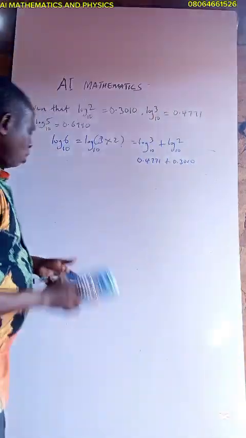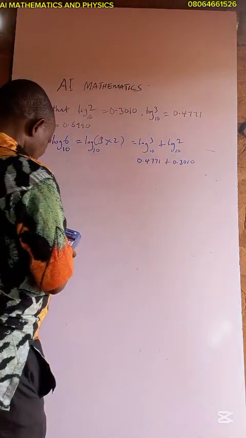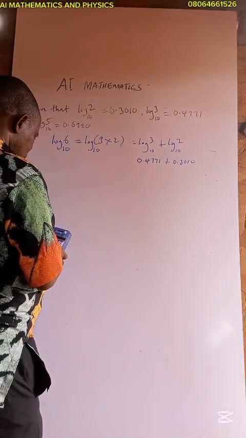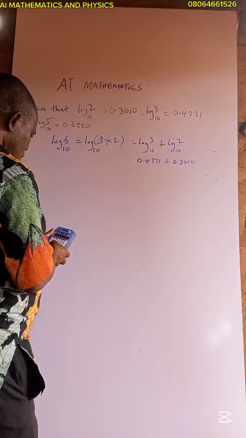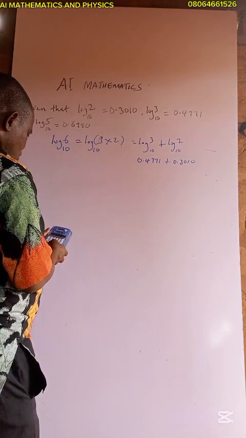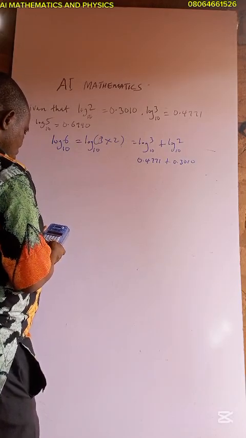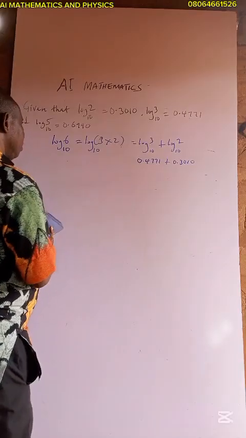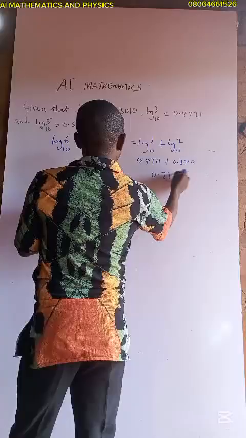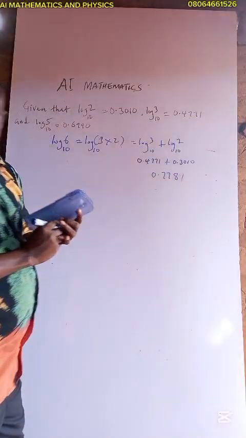When you add the two, that's your answer. 0.4771 plus 0.3010. The answer is 0.7781.